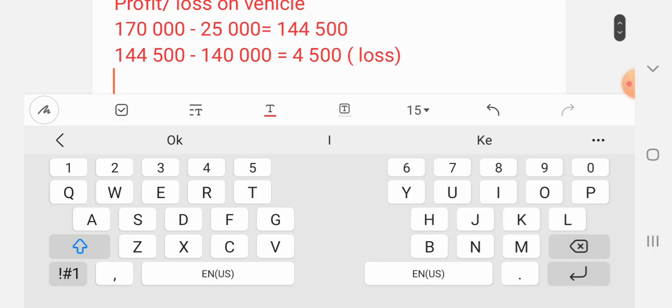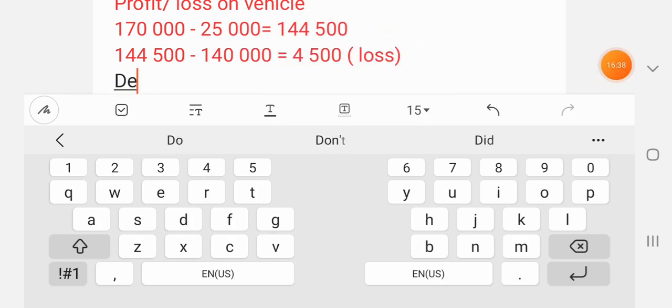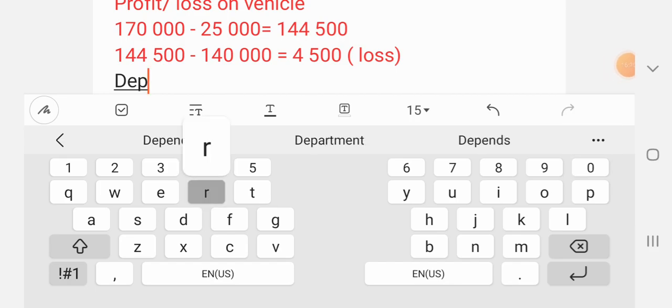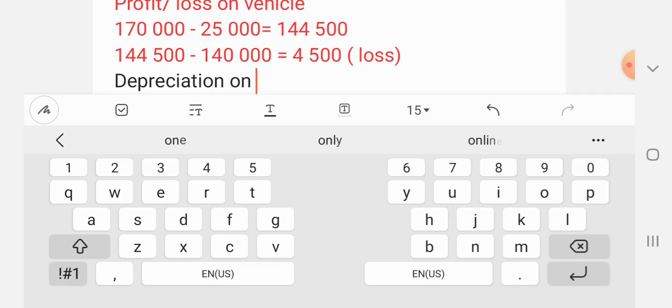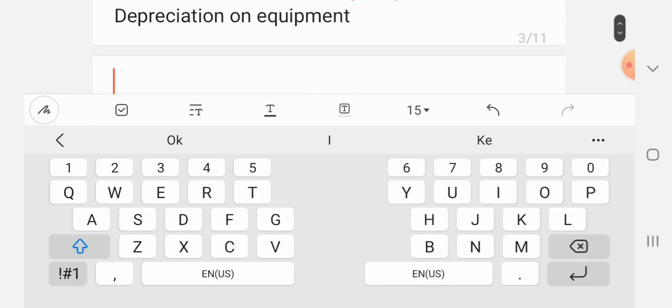And then let's also calculate the depreciation on equipment. So we have to do that calculation.